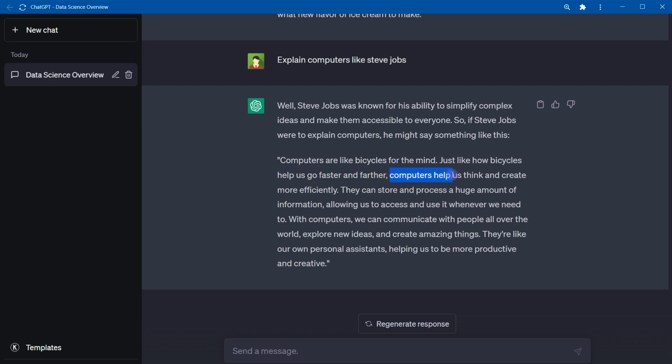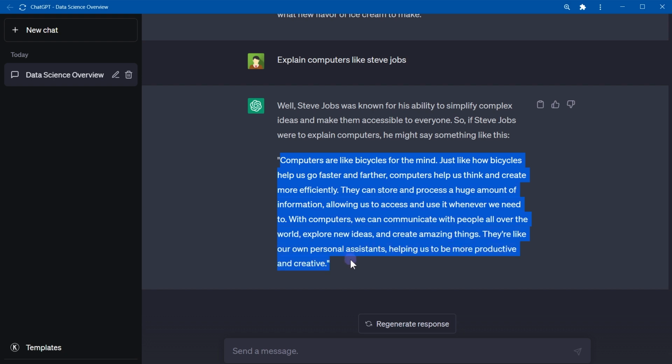Computers help us think and create more efficiently. Steve Jobs was known for his ability to simplify complex ideas and make them accessible to everyone. So, if Steve Jobs were to explain computers, he might say something like this.